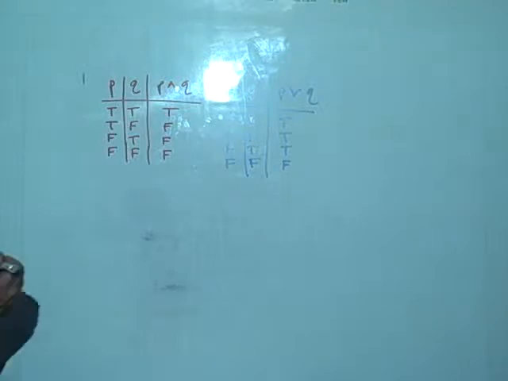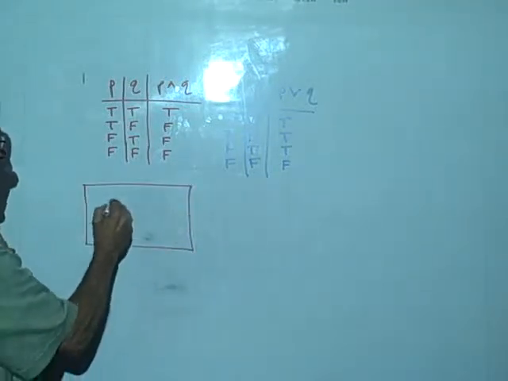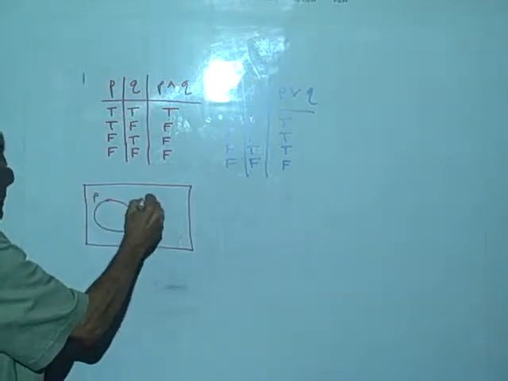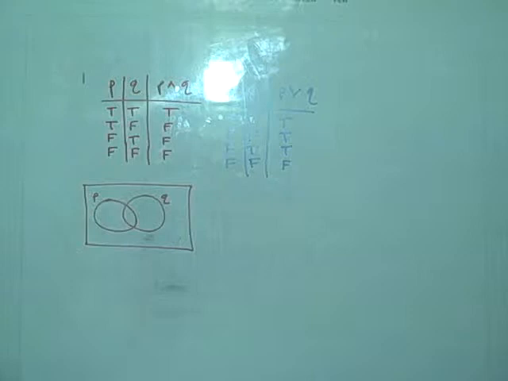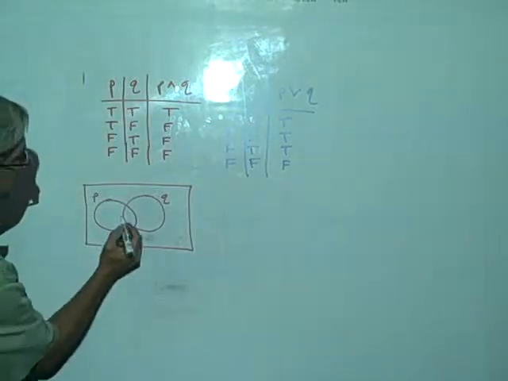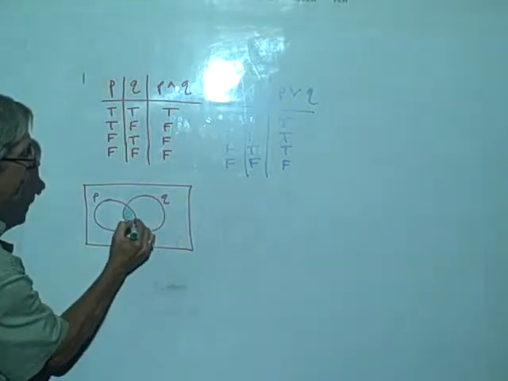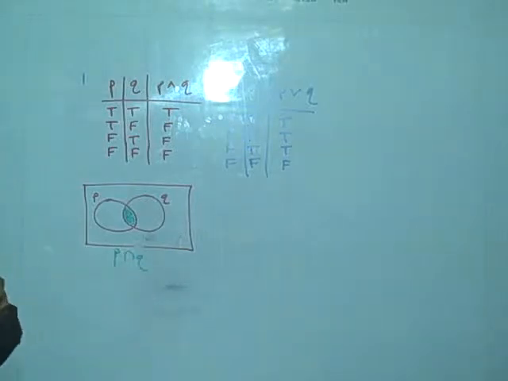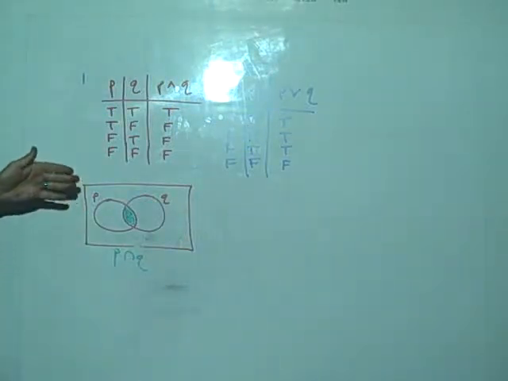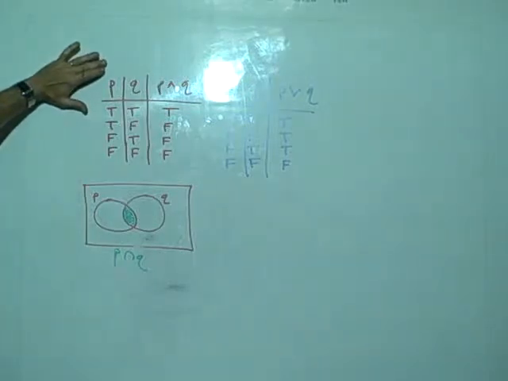If I'm looking at P and Q, if I think of P and Q as sets, here's P, here's Q. Now if I want to shade the set corresponding to P and Q, that's going to be the intersection right in here, where they overlap. So that's P intersect Q. P intersect Q in set theory corresponds to P and Q in logic.